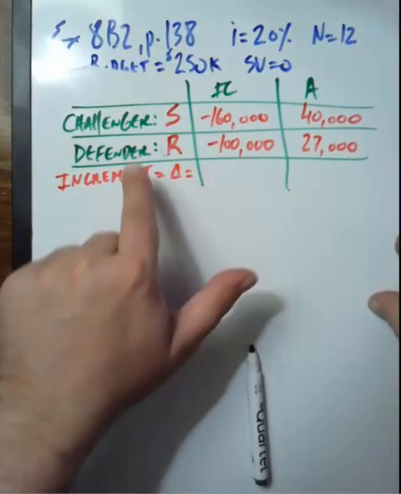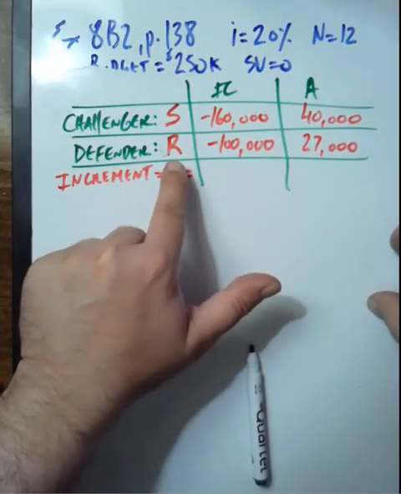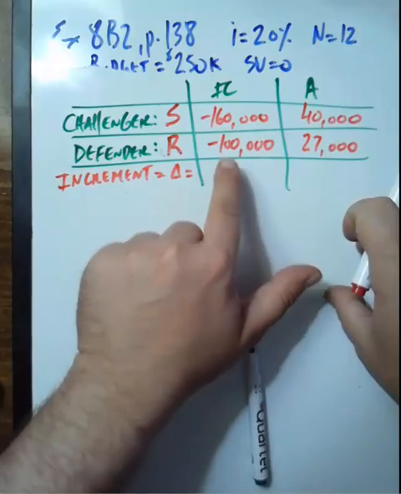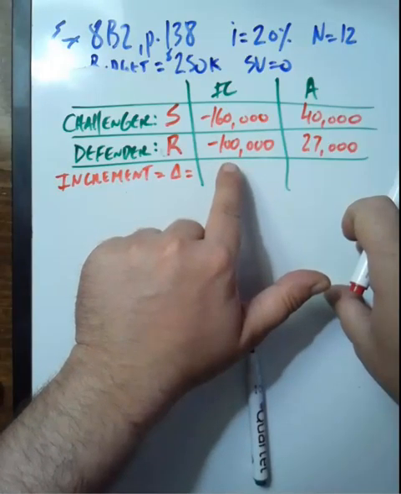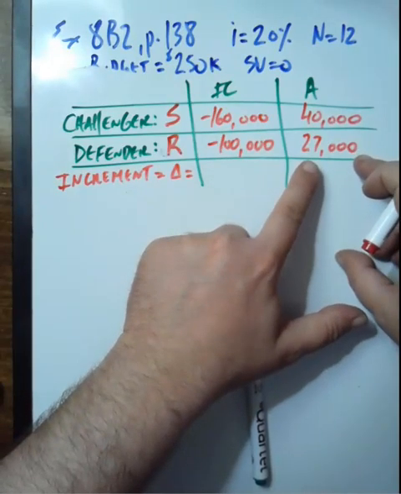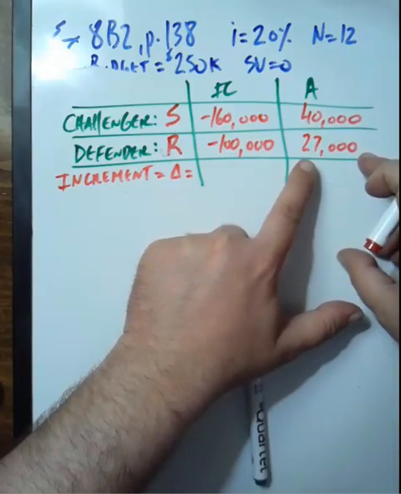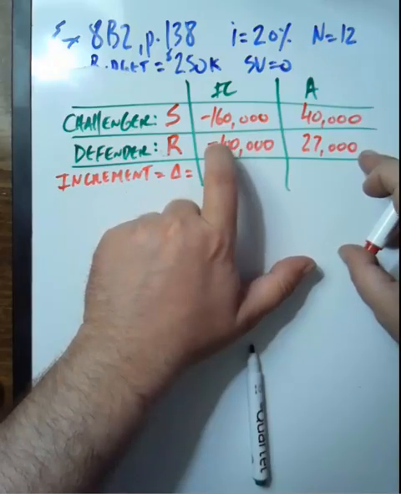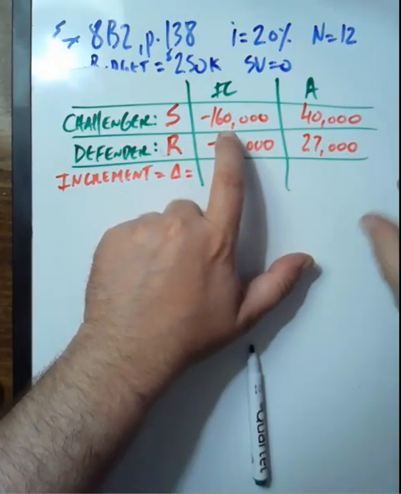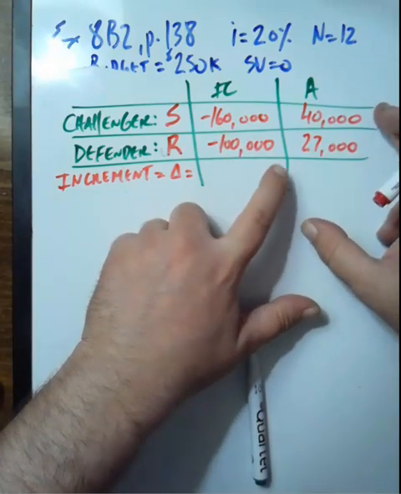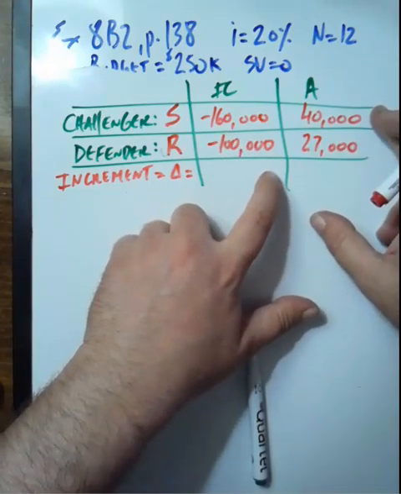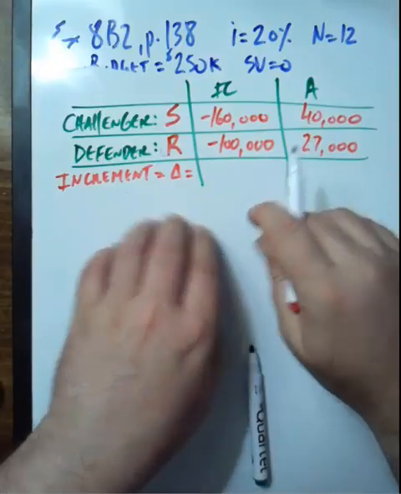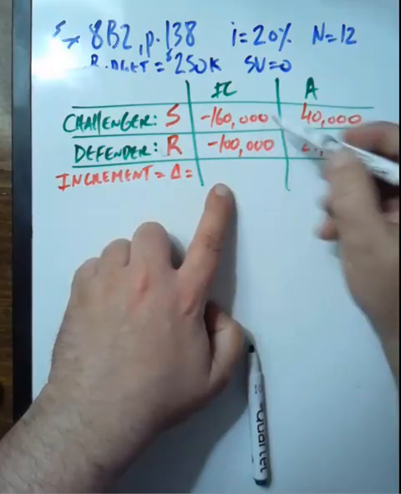As we just saw, the defender is going to be the cheapest option of the economically viable projects, and that was project R, which required an initial investment of $100,000 and then generated a positive cash flow of $27,000 per year. The second least expensive was the challenger among the economically viable options and generates a positive cash flow of $40,000 per year. So the basis of the defender-challenger approach is to find the increment, meaning the differences in cash flows.